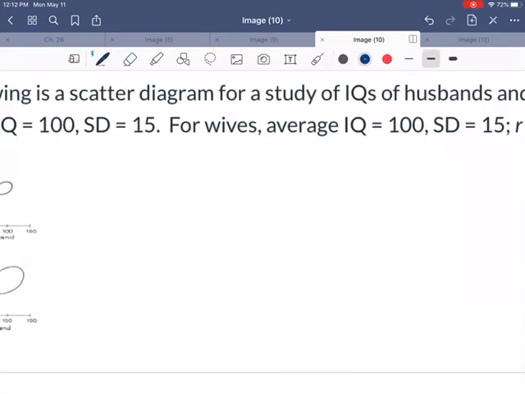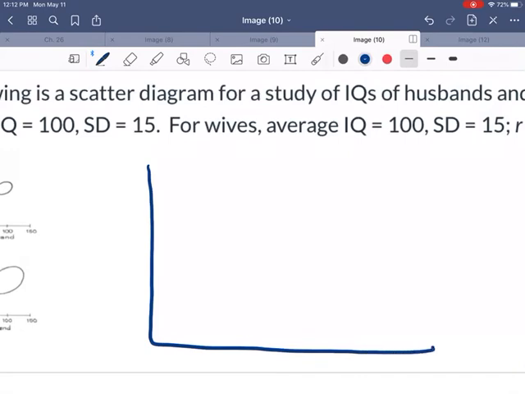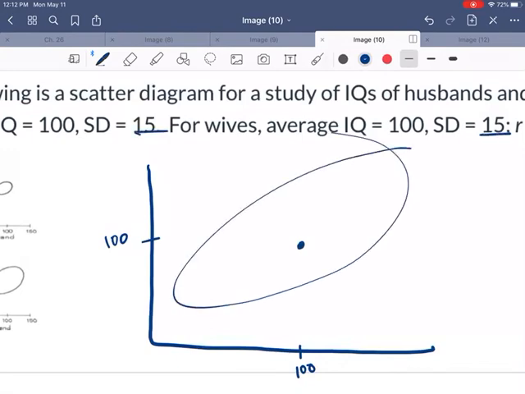Okay, so for this, here's 100 for husbands, 100 for wives.